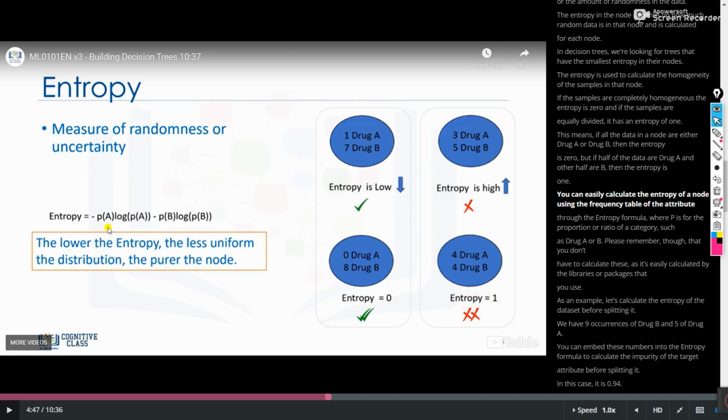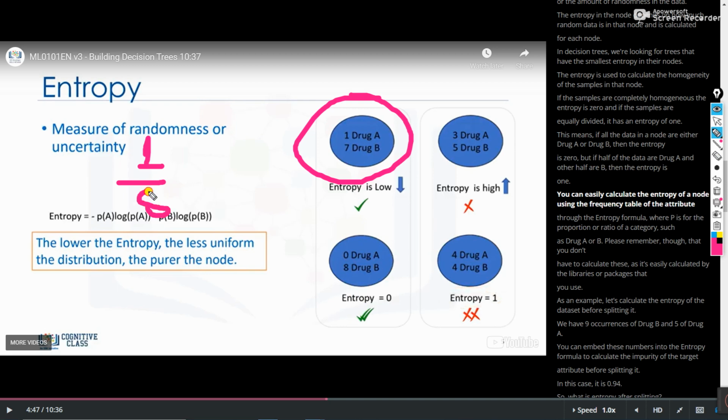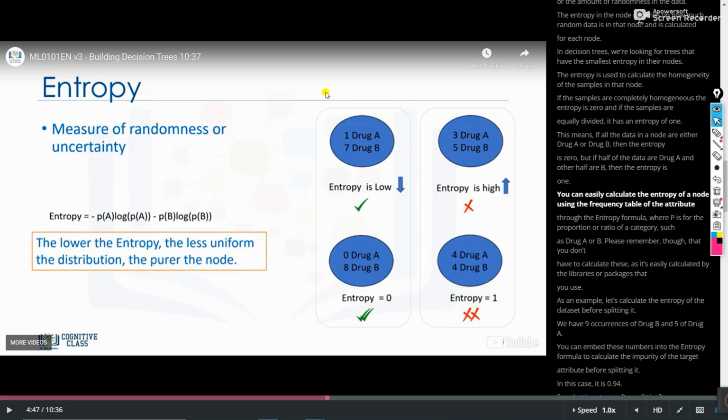What is the probability of A here? Suppose I just talk about this diagram. What is the probability of A? That is 1 upon 8. And what is the probability of B? That is 7 upon 8. So I'll take the logarithm of these values and sum up, and then I'll find the entropy of this event only.